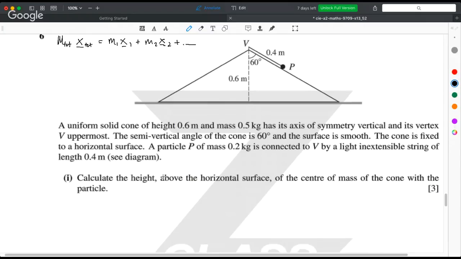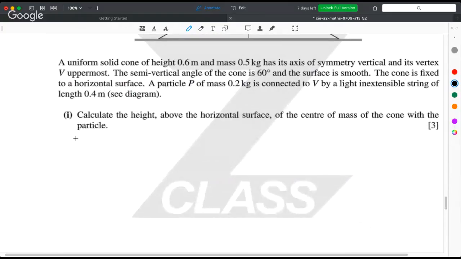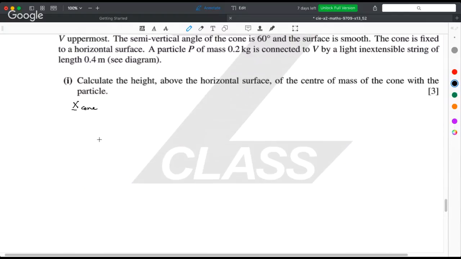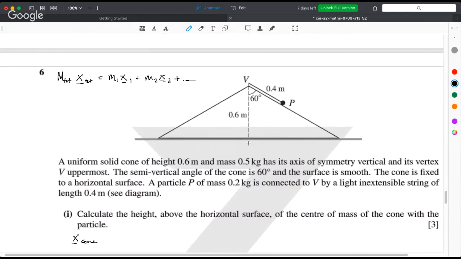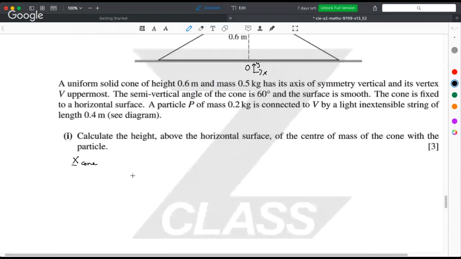So the mass of the cone, and the position of the cone, x cone. I'm going to define my coordinates so that this here is 0, and then it goes up, y and x. The x coordinate of the cone is just 0 because it's directly above the center. Its y coordinate is given in the formula booklet for a cone.